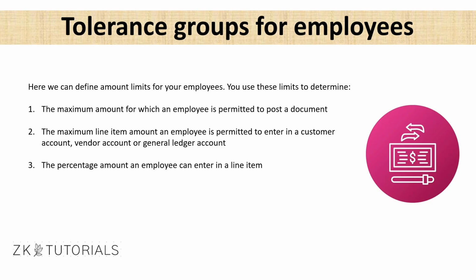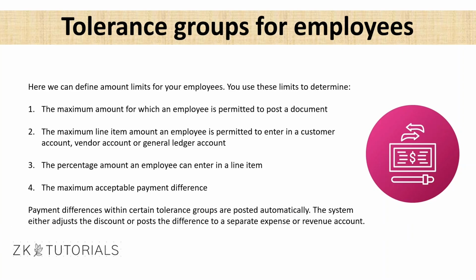The percentage amount an employee can enter in a line item and the maximum acceptable payment differences within certain tolerance groups are posted automatically. The system either adjusts the discounts or posts the difference to a separate expense or revenue account.